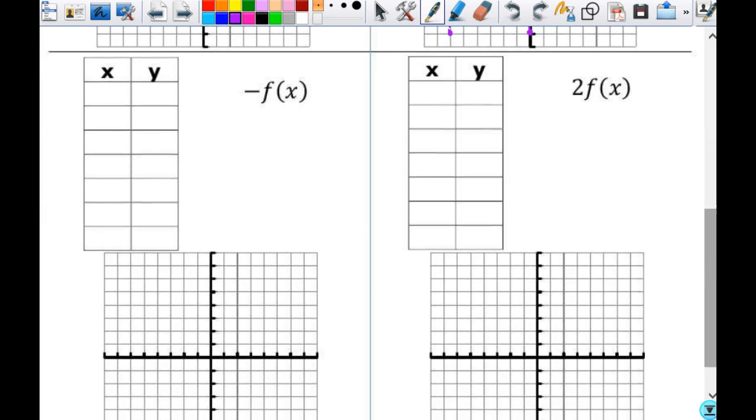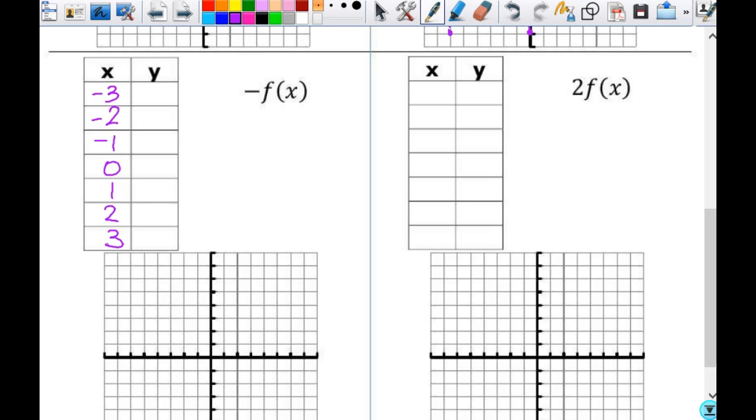So this one here. What is changing, your x or your y? Your y. So I might as well just go ahead and fill the x's in. Negative 3, negative 2, negative 1, 0, 1, 2, and 3. Okay, so my y, all I'm doing is multiplying the y value by a negative 1.